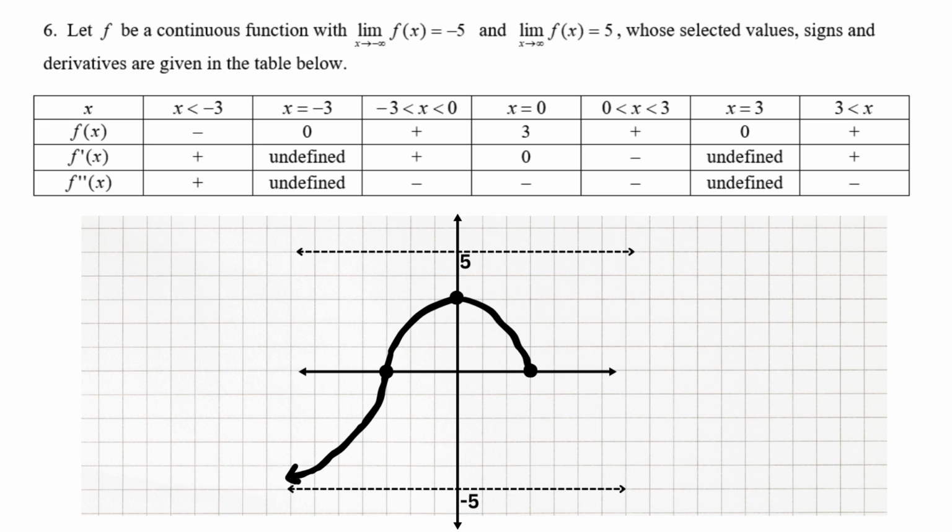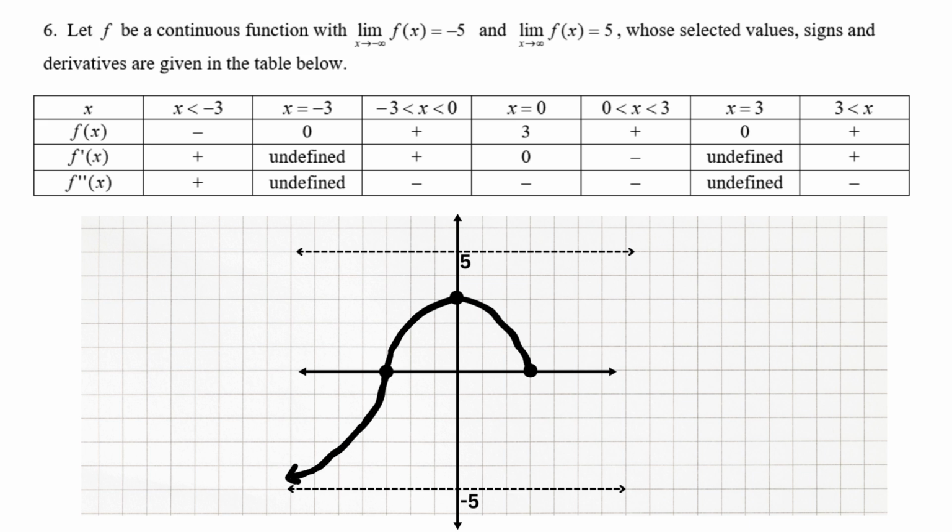And then in the final step here, when we go to x greater than 3, we can see at x equal 3, again, we have undefined first and second derivatives. So that means we're either going to have a vertical tangent, a cusp, or a vertical asymptote. In this case here, f is positive, so we're above the x-axis.